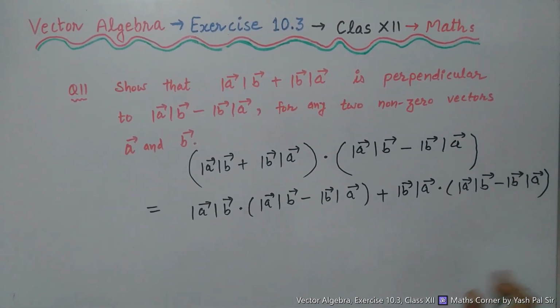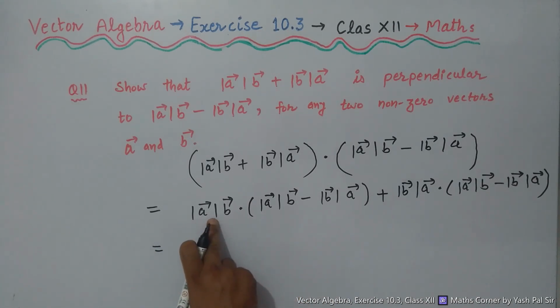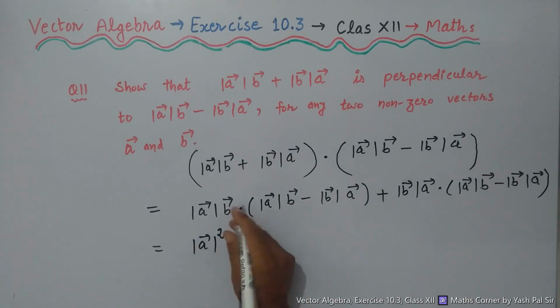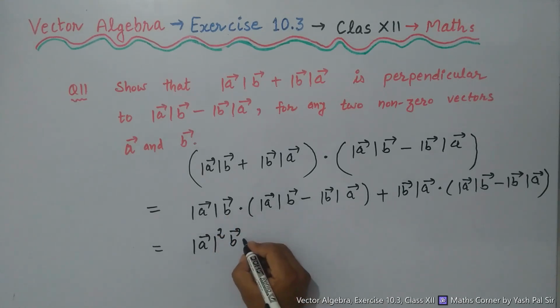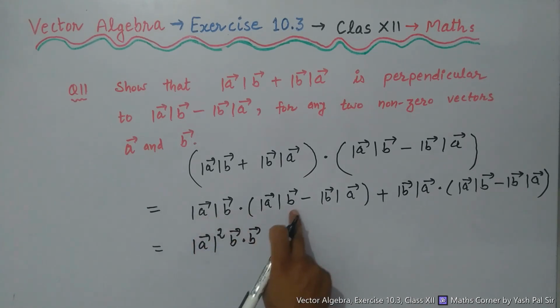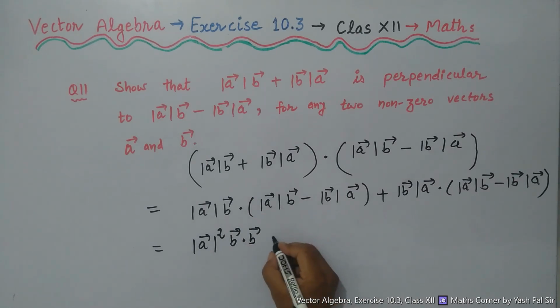Right? So this way, this is equal to magnitude of vector A into magnitude of vector A becomes magnitude of vector A whole square into B dot B. Scalar is multiplied with scalar, vector is multiplied with vector with dot sign, minus symbol.